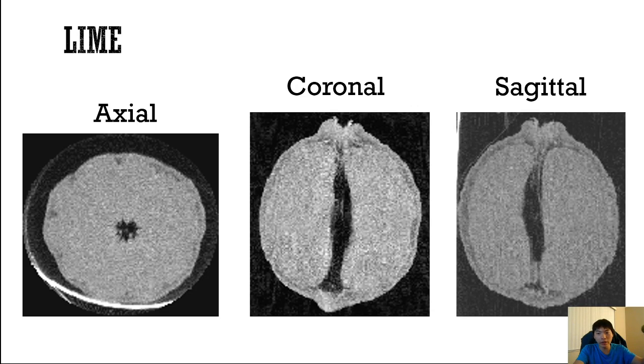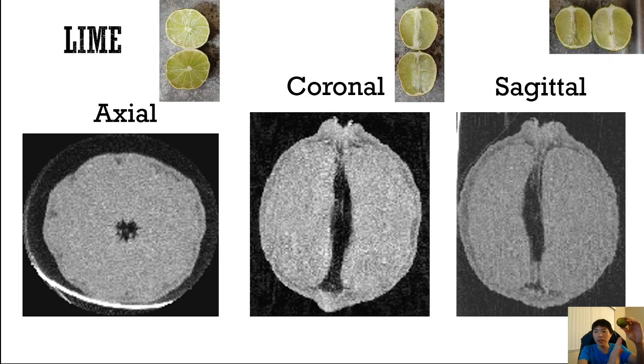So here I have our Lyme. The first standard projection is kind of like cutting the Lyme this way. You can say the Lyme has a head and a foot. So you're basically cutting the Lyme down the middle, separating the head and foot of the Lyme.